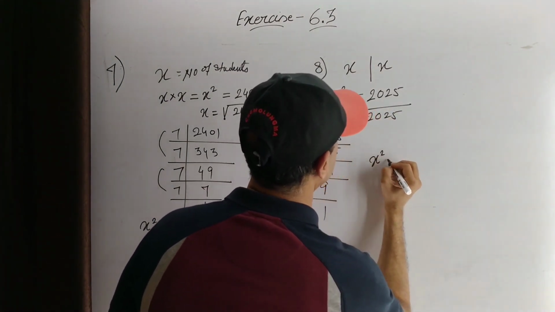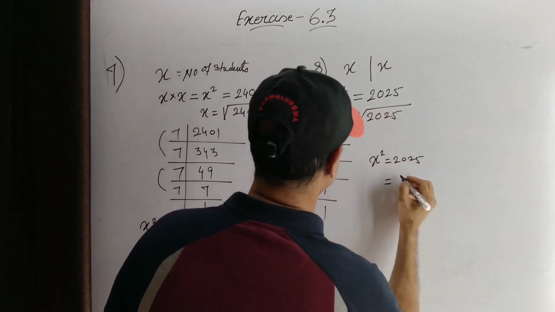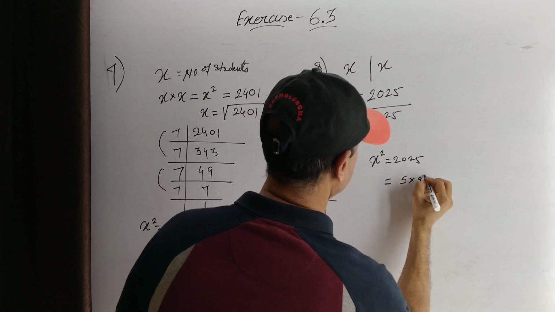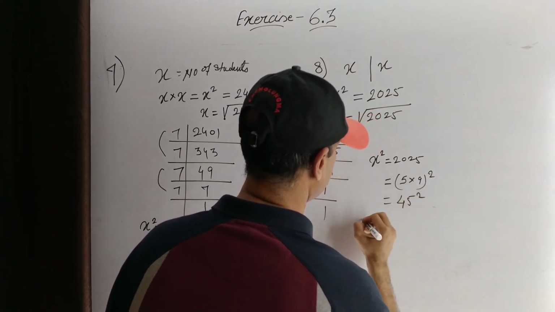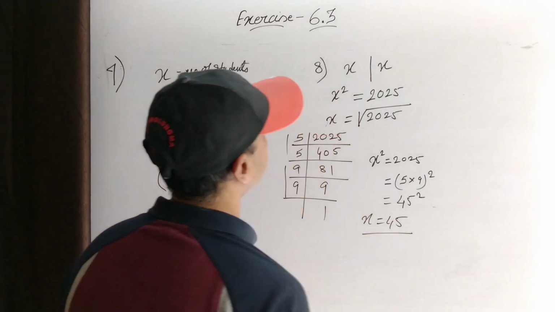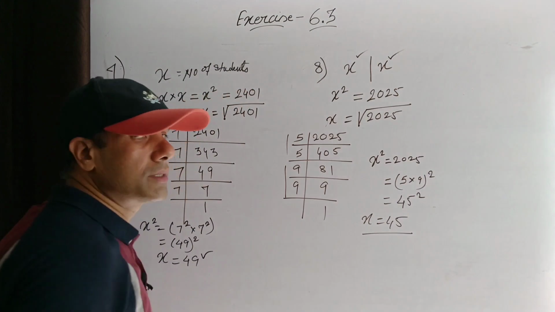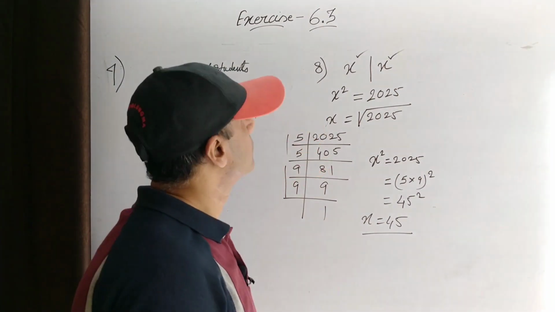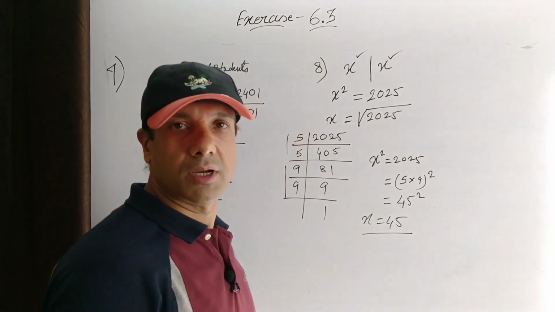X square is equal to 2025 is equal to 5 into 9 whole square, that is 45 whole square. So x is equal to 45. So x is the number of rows and also x is the number of plants in each row. So both the parameters are 45. Clear?